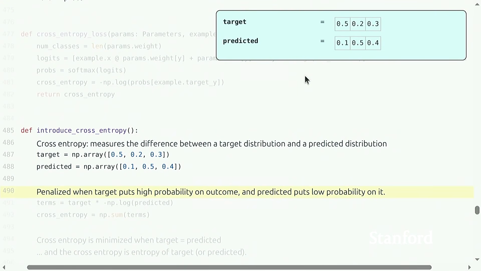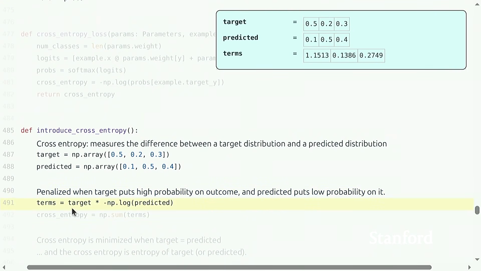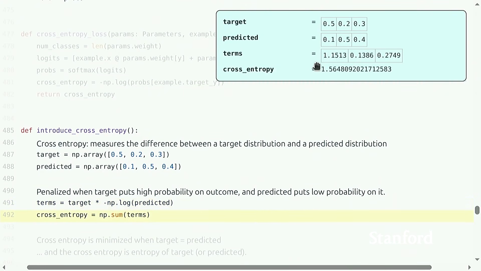So what I'm going to do is take every element in the target and multiply by minus log of the predicted probability. So I'm going to take 0.5 times minus log of this, plus 0.2 times minus log of this, and so on. And if I sum all of these up, that's the cross entropy.